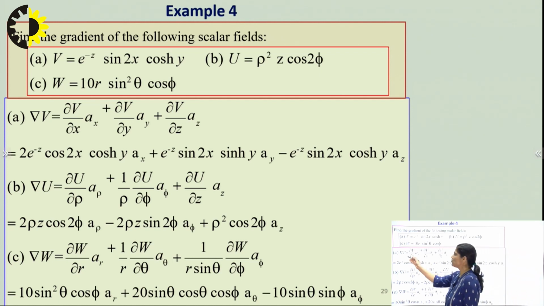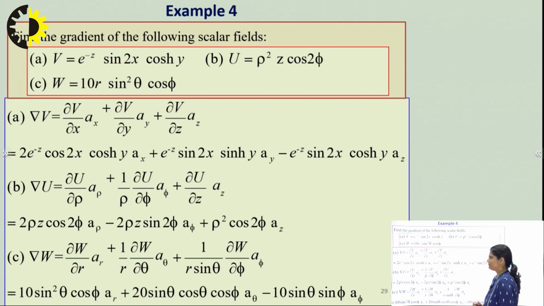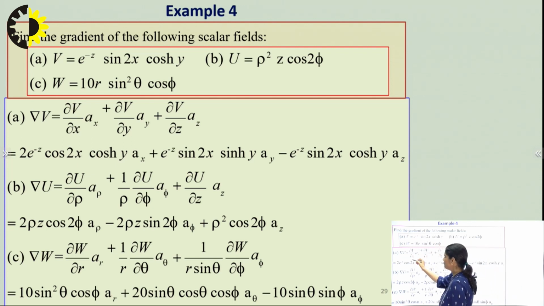Now gradient, as you all know the formula, gradient V is equal to del V upon del x unit vector of x plus del V upon del y unit vector of y plus del V upon del z unit vector of z. Now put the values here. In this case you can find the gradient V. Put all these values here, differentiate with respect to x, then differentiate with respect to y, then differentiate with respect to z.